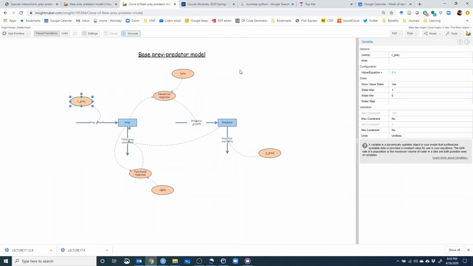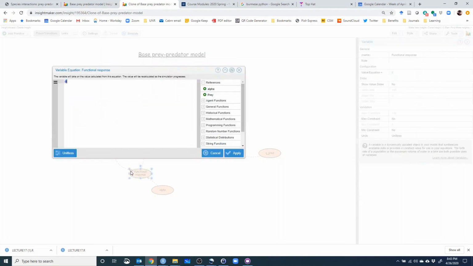Let's fill it in. First of all, let's consider the functional response. The functional response, like we've seen before, is the per capita rate of prey consumption per time step as a function of the total prey in the landscape. So we have to take the total prey in the landscape, and we multiply that by this alpha term.